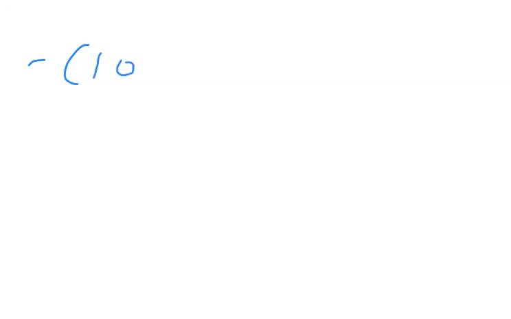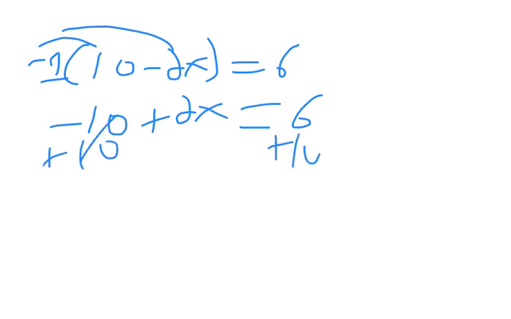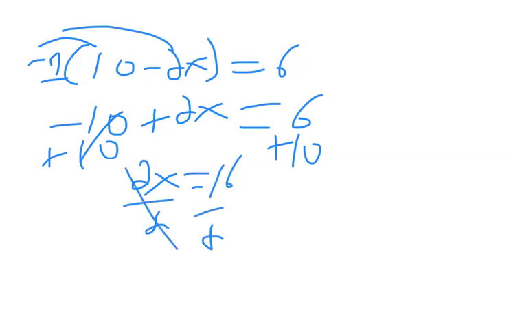So 10 minus 2x is supposed to equal 6 if you negate it. If you distribute, it's like a negative 1 in front, so negative 10 plus 2x is equal to 6 plus 10. So 2x is going to equal 16, divided by 2 on both sides, so x equals 16 divided by 2, which is 8. Let me plug in really quick to see if this works.